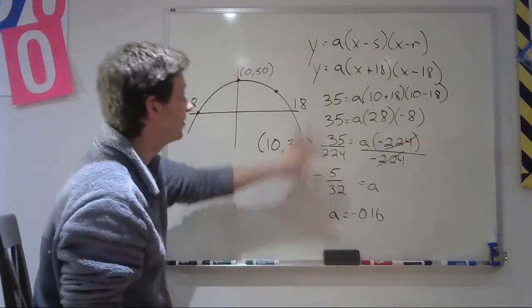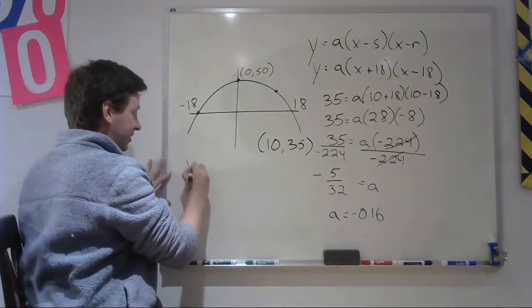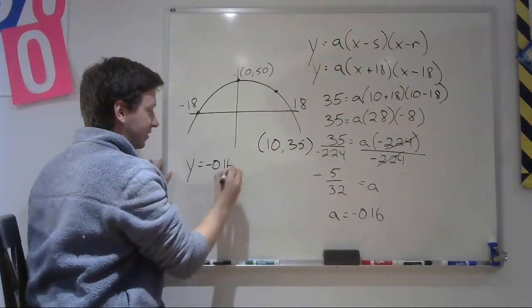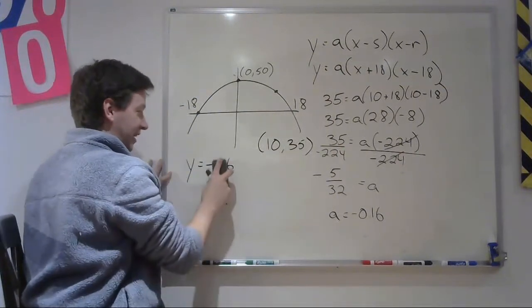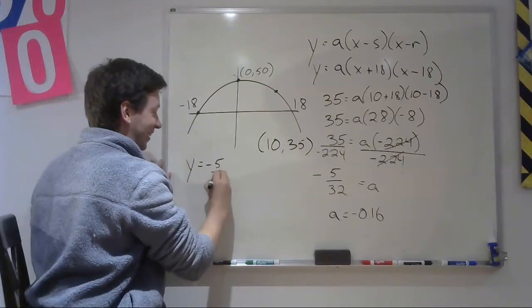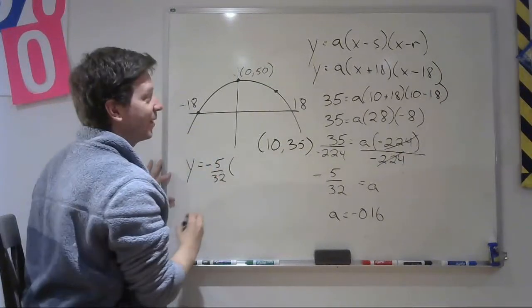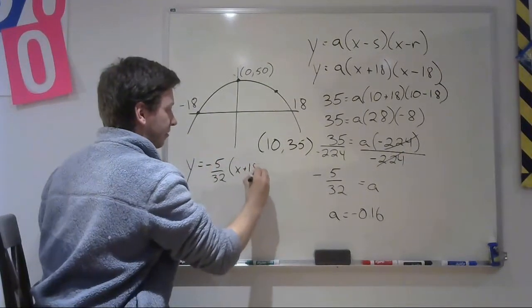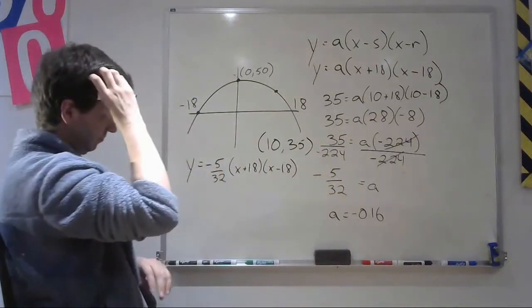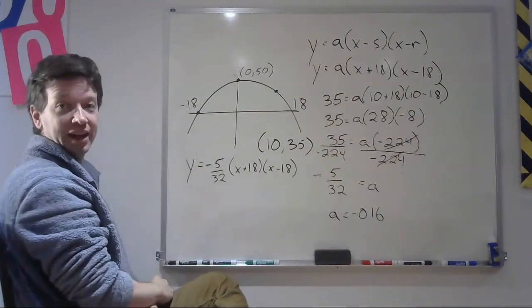All right, so remember, we're not done here. We need to substitute that and actually write our equation. So y equals minus 0.16, or I like fractions, minus 5 over 32 times (x + 18) and (x - 18). Okay, and that's our equation.